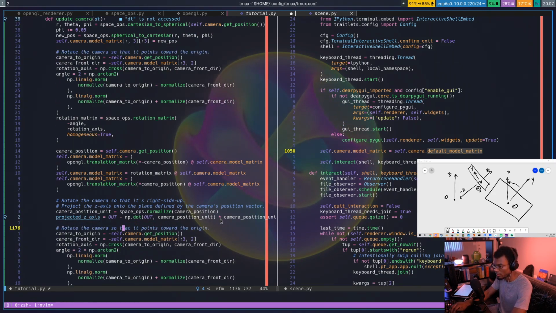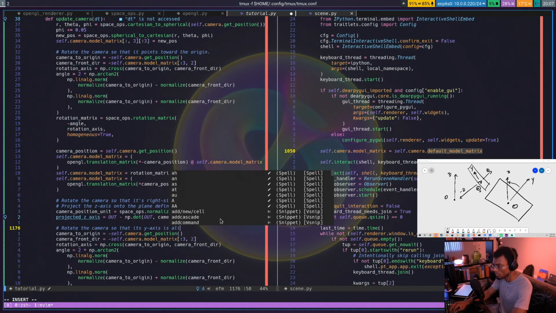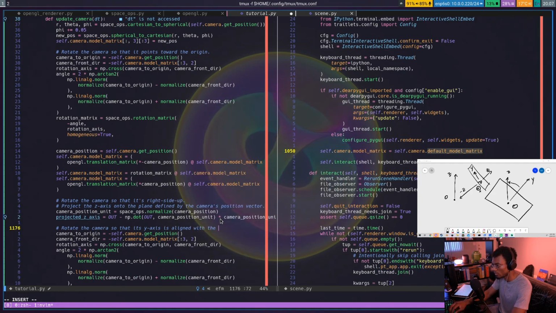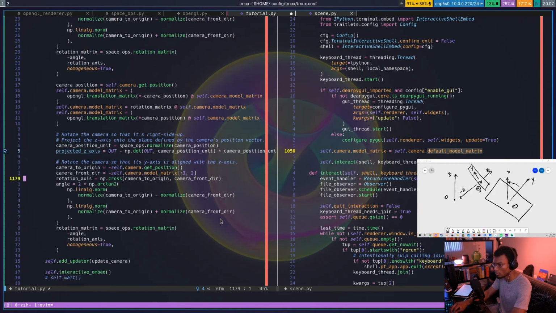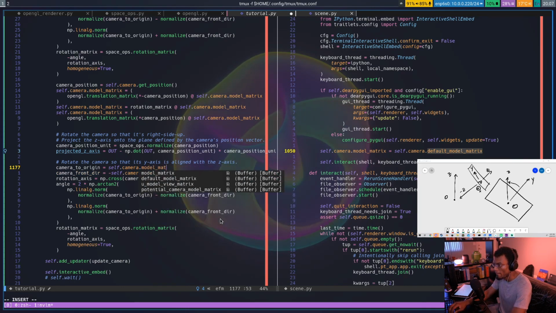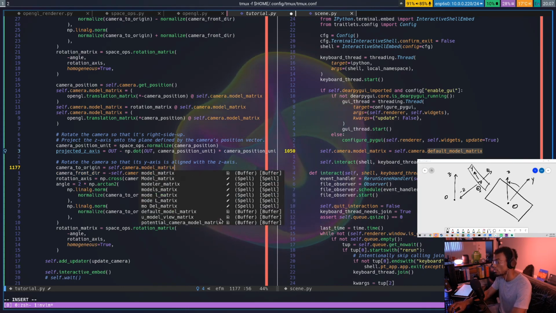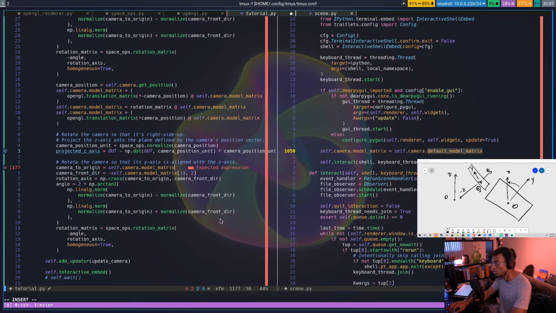Just gonna rotate the camera so that its y-axis is aligned with the z-axis. So the two vectors are first the camera's y, so that's gonna be self.camera.model matrix, index all rows up to 3.